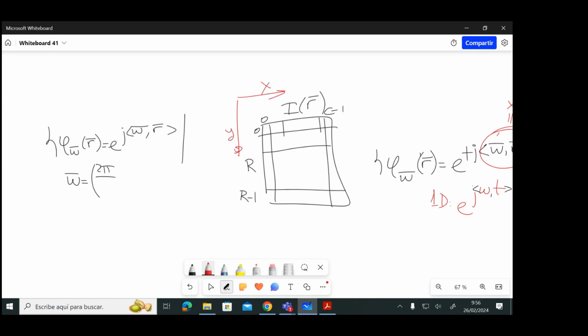So in x we have C columns, and this is omega x.